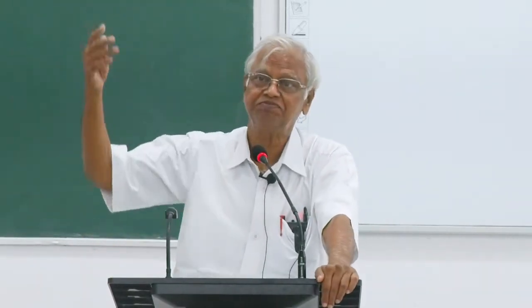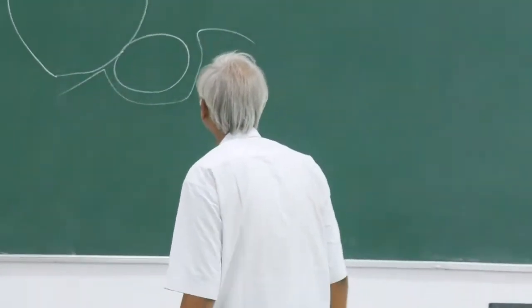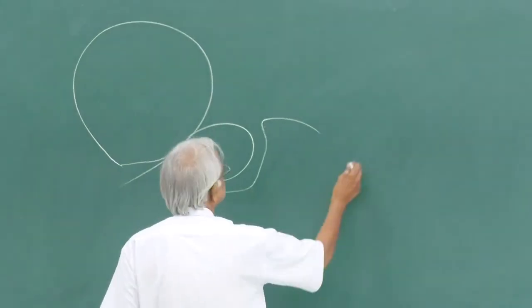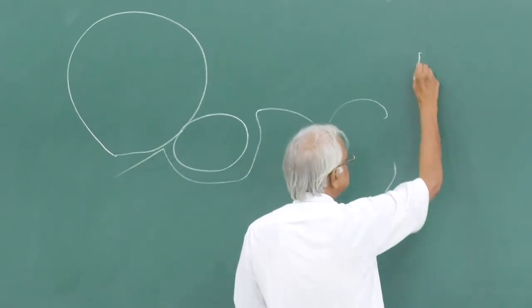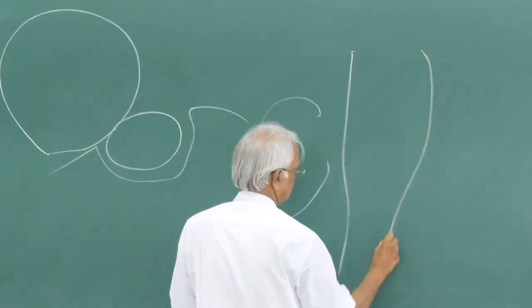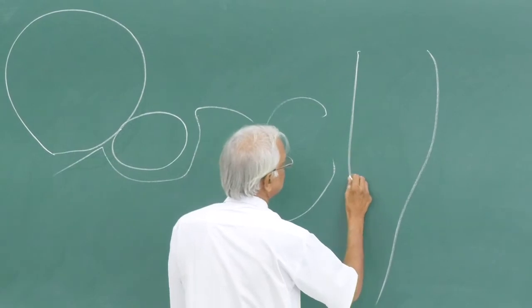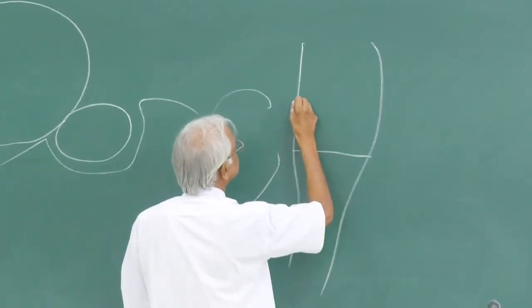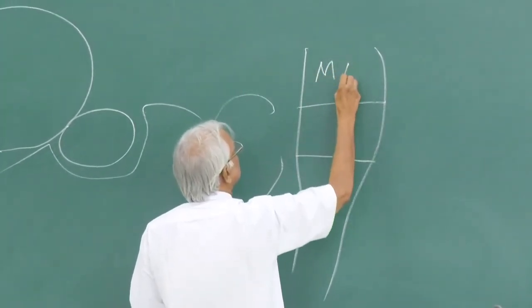The lowermost part is the medulla oblongata, above that the pons, above that the midbrain. This is the cerebellum. Brainstem: medulla oblongata, pons, midbrain.